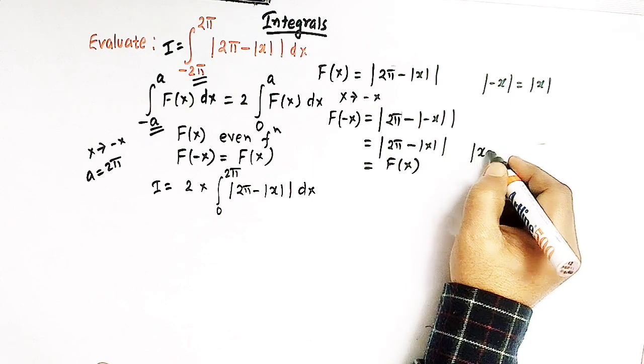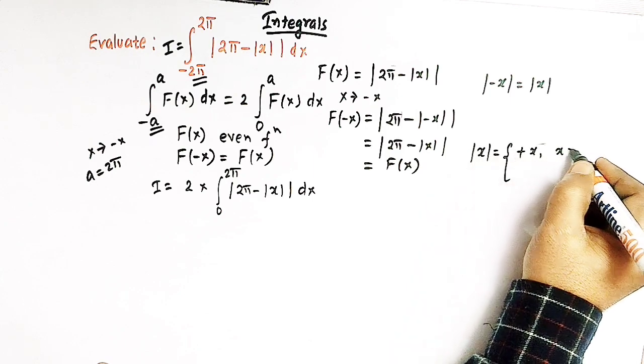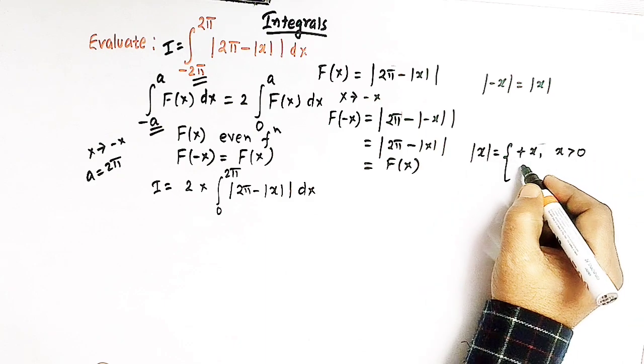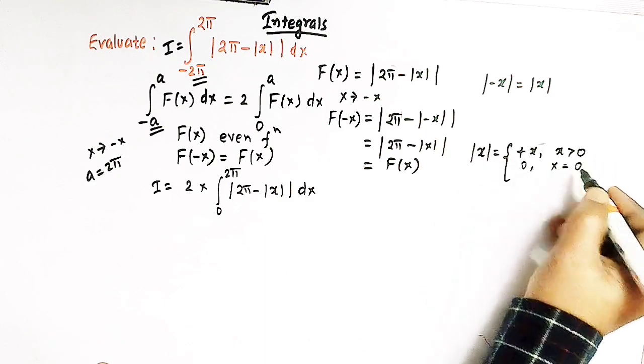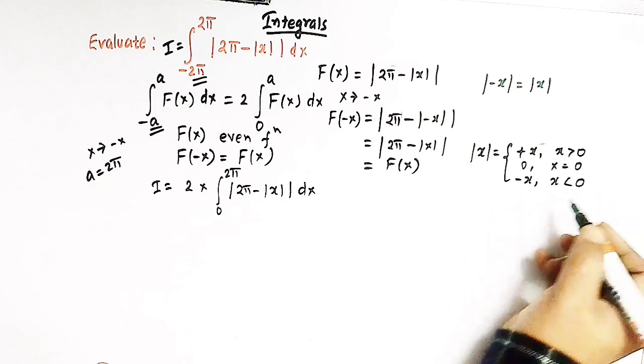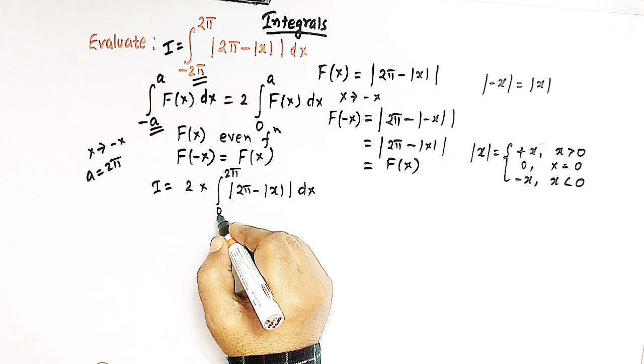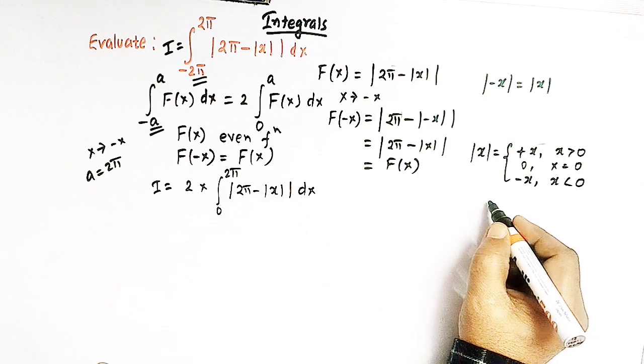Now see, mod of x is defined as positive x whenever x is greater than 0. Mod of x is 0 when x is equal to 0, and mod of x is negative x when x is less than 0. And see, here the limits of integration are from 0 to 2 pi, right?